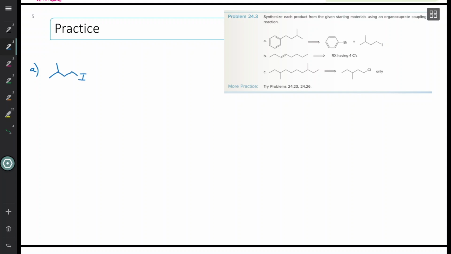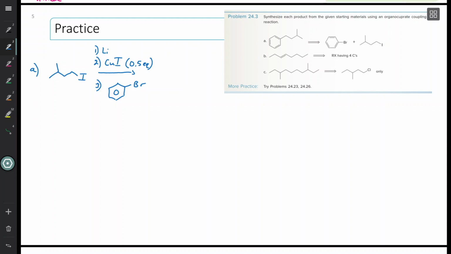Here's my iodide, and then I will treat it with first the lithium, then the copper iodide, and I'm going to do 0.5 equivalents. And then I'm going to do my other halide that I don't have to do anything with. And that's it.